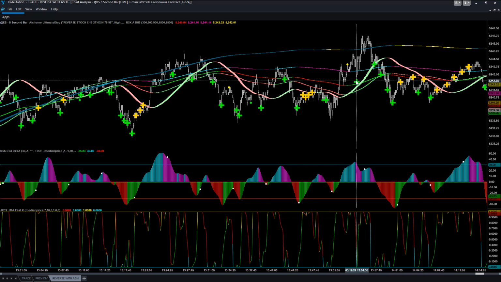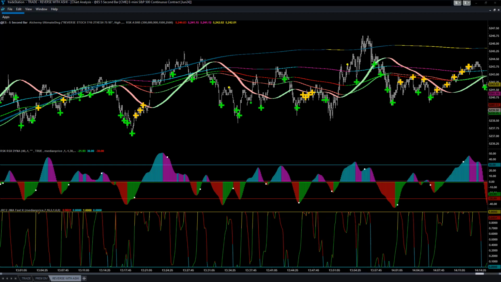Pattern of the day here was long, green long. Low of the day was right in there at 8 o'clock. So the low was in the first half hour, your high is going to be in the last half hour.